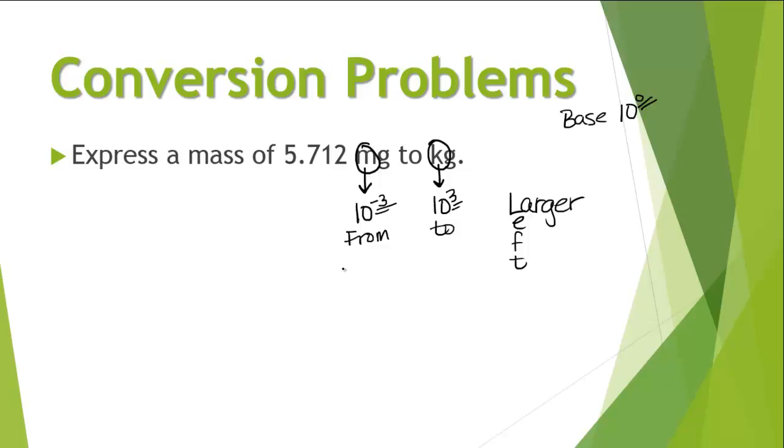to find that difference. If I start at negative 3 and count my way up to positive 3, I get negative 3, negative 2, negative 1, 0. Don't forget to go through 0. 1, 2, 3. So that's a difference of 6 places.